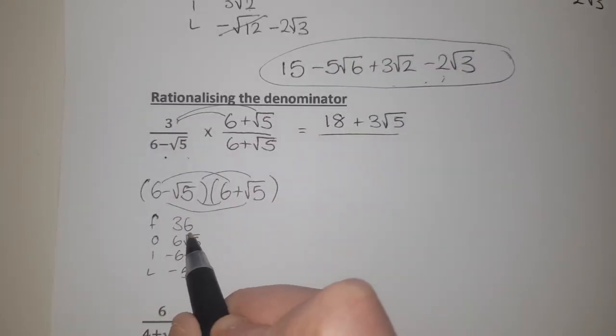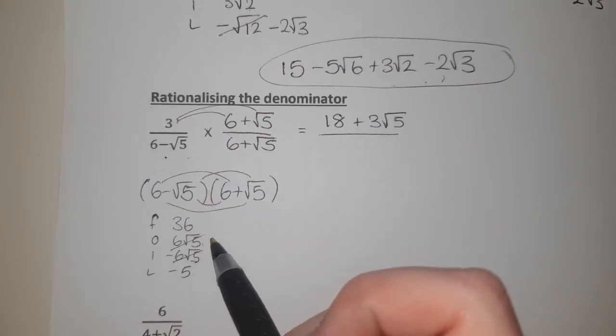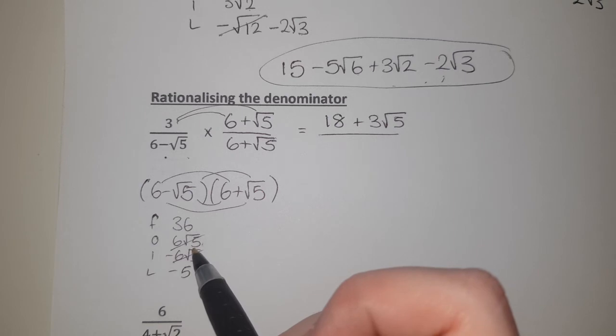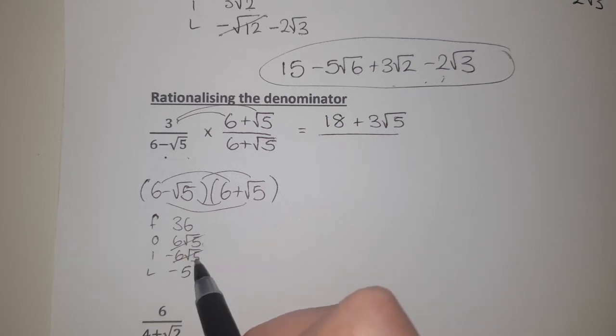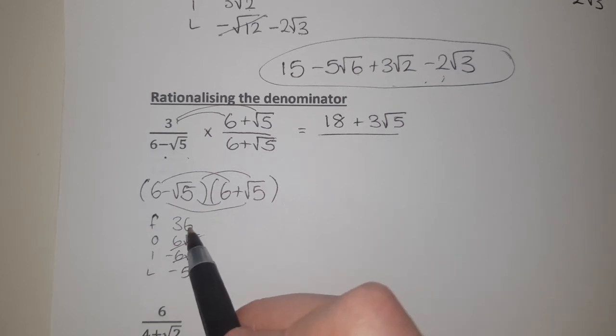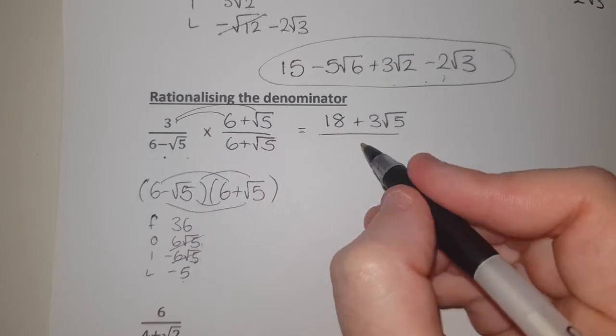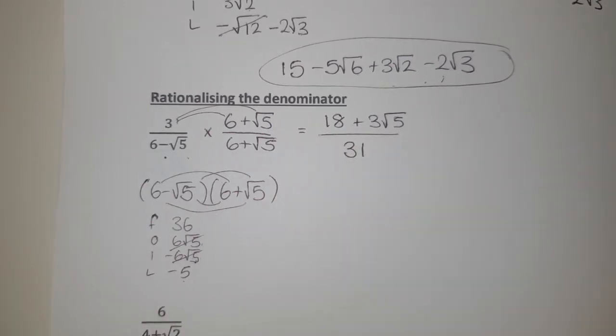So you'll notice the 2 in the middle cancel each other out. That's why we do this in the first place, because it gets rid of the surds. Those 2 in the middle, when you're rationalising the denominator, will always disappear. So all you actually need to do is first and last. So 36 subtract 5 gives me 31.